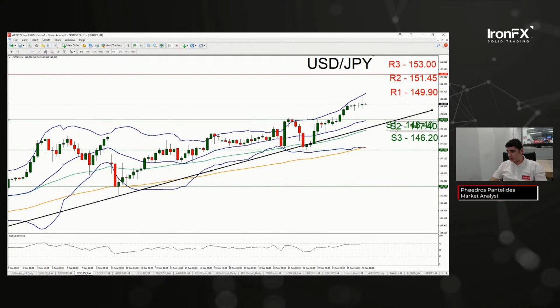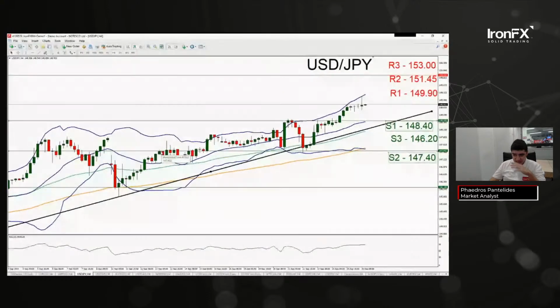And then for S2, 147.40, I'm taking this bullish candle and then I'm validating it slightly with the opening and closing of the bearish, bullish, and bearish and bullish candles again.